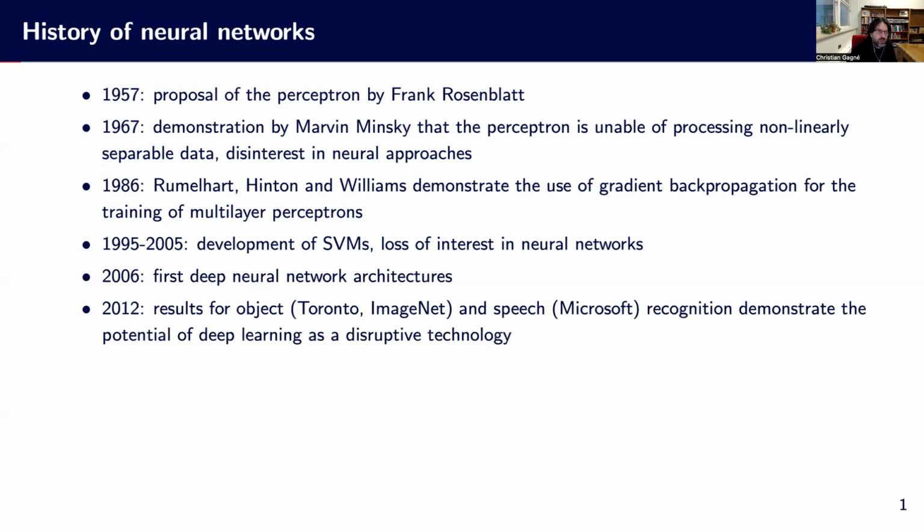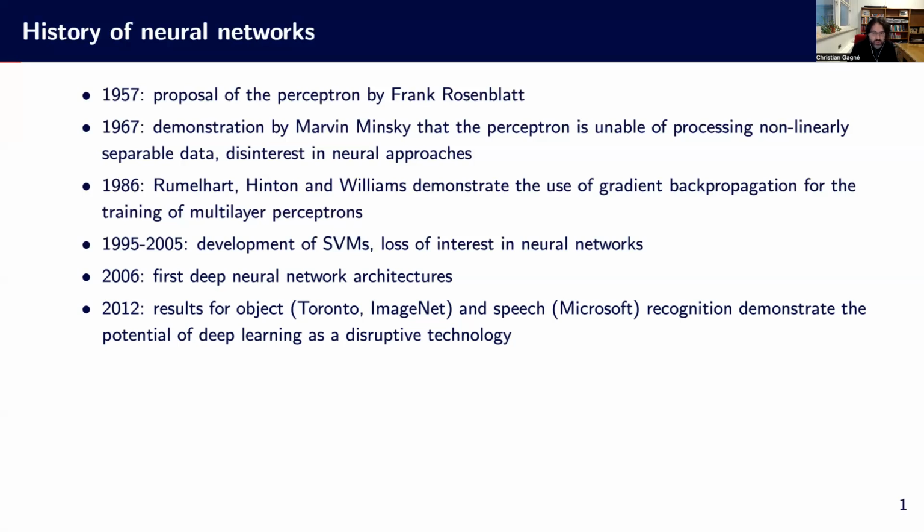And in 2012, there were important breakthroughs in terms of concrete, practical results, for instance for object recognition. The team of the University of Toronto proposed convolutional neural networks trained with GPUs that achieved the best results on the ImageNet challenge.